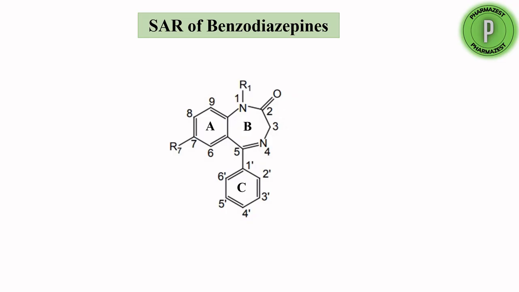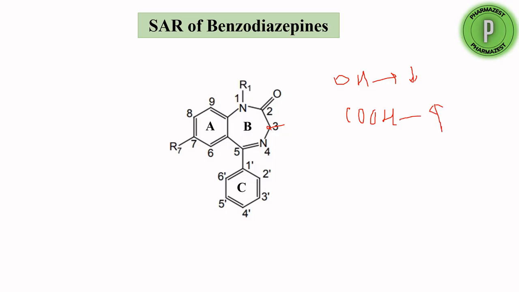So at position 3, if you replace it with an OH group or the hydroxyl group, it decreases activity. And next, if you introduce a carboxylic acid group, that is a COOH group, it increases the duration of action.